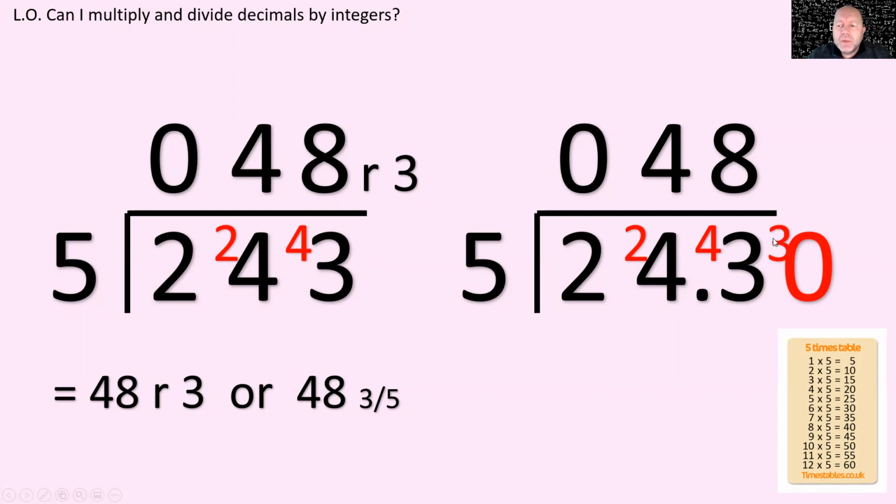But here, we can put it with a 0. And so we can ask ourselves, how many 5's in 30? Well, there's 6. We take our decimal and we put it into the answer, and it gives us a precise answer of 4.86. Now, if there was a remainder here, we could have added another 0 and another and another, until we got ourselves a precise answer.